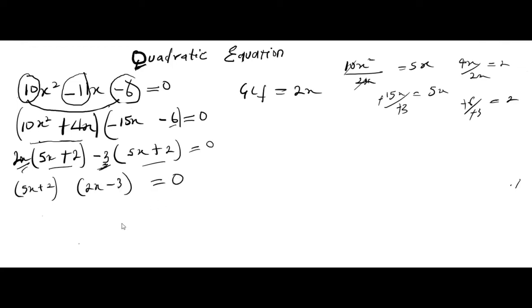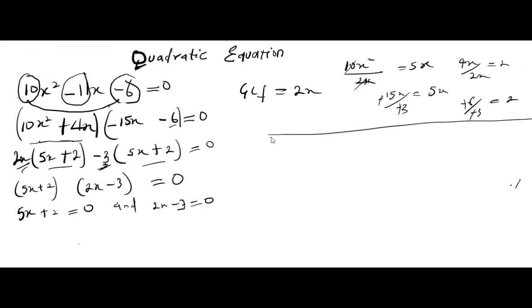Okay? The next thing is for you to equate each of these factors to 0 and solve for x. So you have 5x plus 2 equals 0, and 2x minus 3 equals 0.